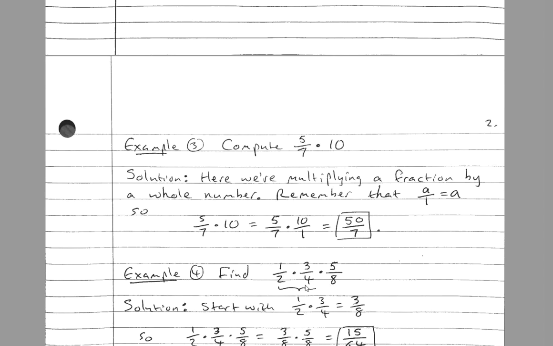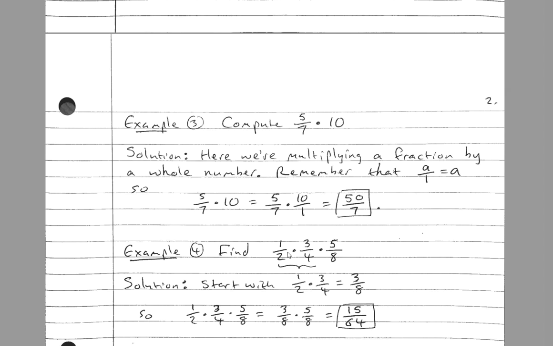Okay, how about three fractions if we want to multiply them? Well, you can just use the order of operations. So start on the left. 1/2 times 3/4 is 3 over 8. Then multiply by 5/8.